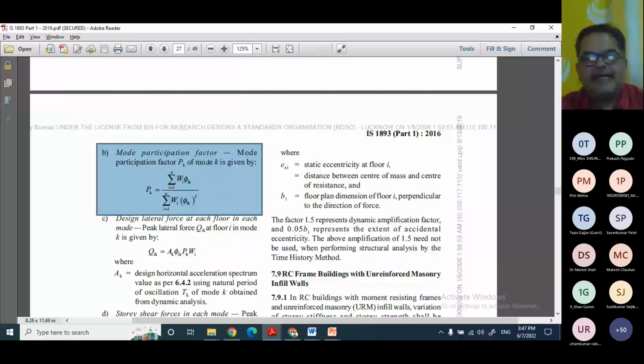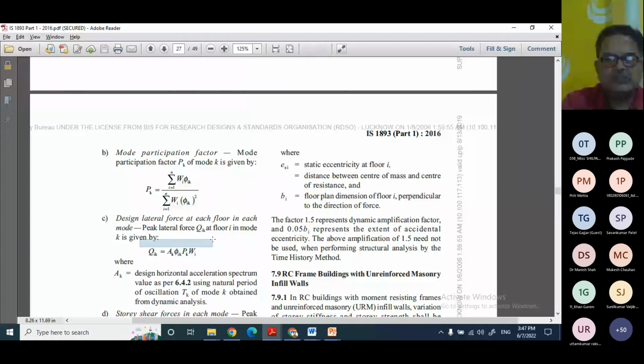Again, you must know the mode shape. If you know the mode shape, then again this is a simple calculation. So up to the mode shape, the dynamics is involved, and later on this is the process you have to follow, right?